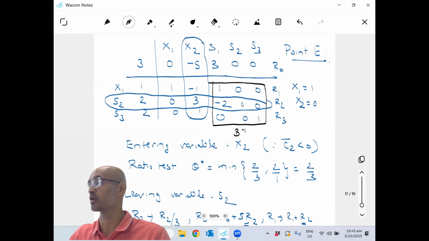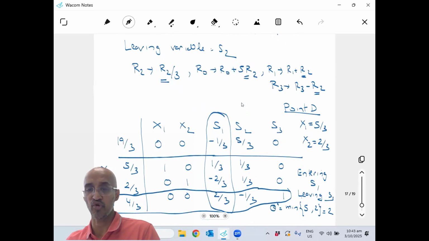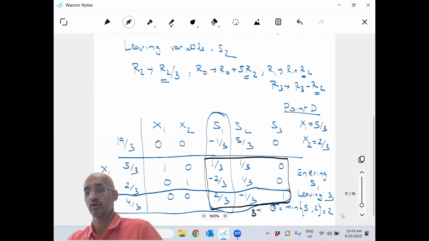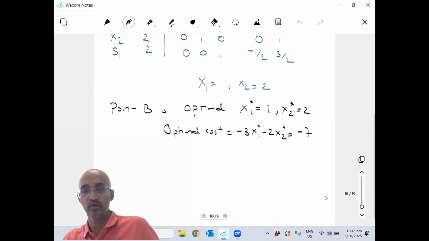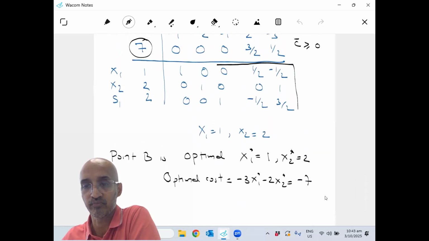It's 3 by 3. You will find that this is exactly B inverse. Similarly, B inverse for this basis matrix is stored in these three columns. And lastly, for the optimal tableau, B inverse is stored here.